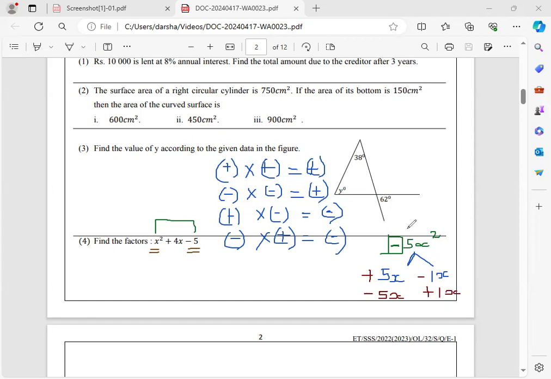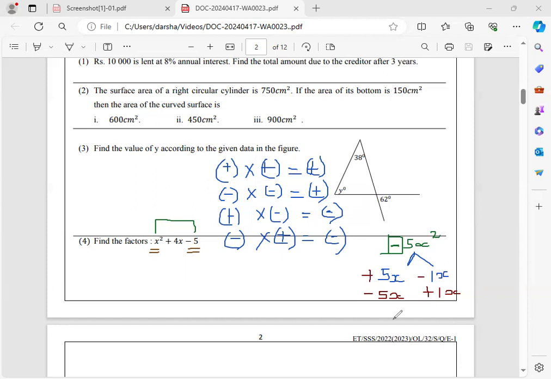These are the two possibilities, because if you want a negative number, you can get it only by multiplying a positive number by a negative number.